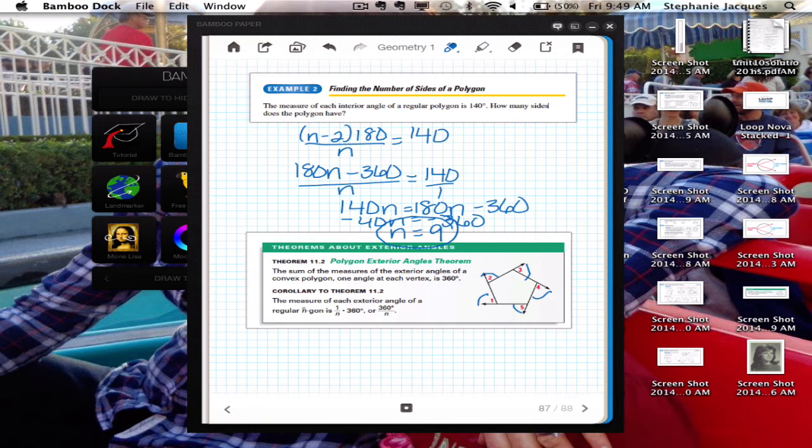The corollary is the measure of each exterior angle of a regular n-gon is 1 over n times 360, or 360 divided by n. So when I add up all my angles, it should be equal to 360, and let's apply it right now.